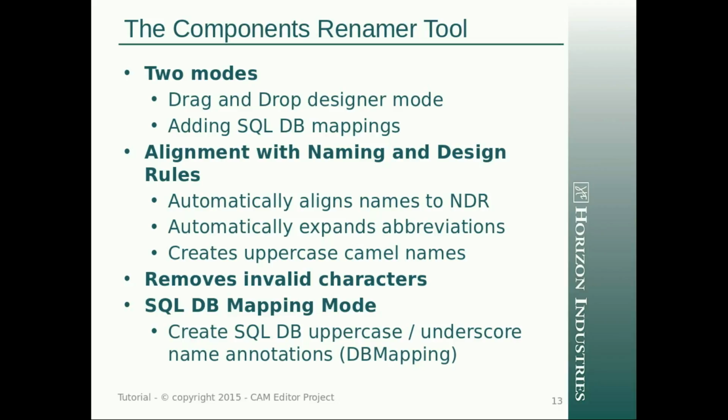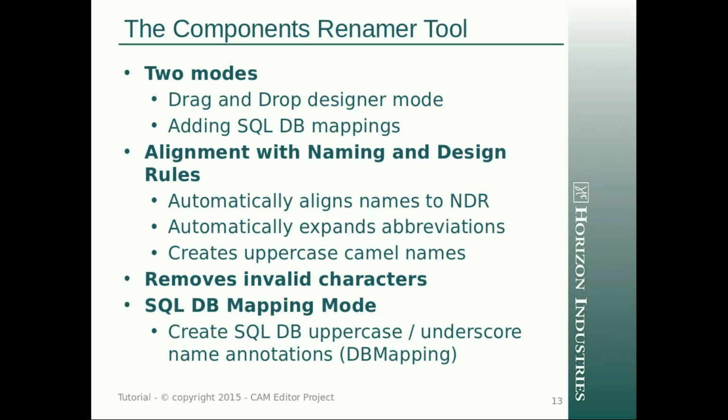And then the second mode is the reverse. So you've got a CAM template that you've either created from scratch or you've imported from an existing schema. And now what you want to do is create SQL database mappings.